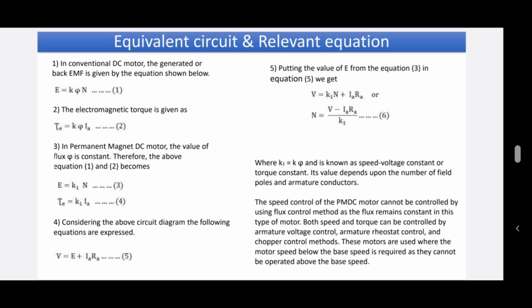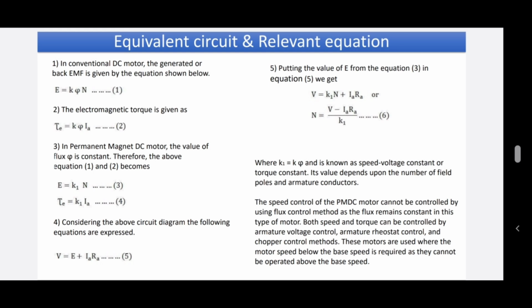In a permanent magnet DC motor, the value of flux is constant. Therefore, the above equations 1 and 2 become E equals K1N, equation number 3, T equals K1IA, equation number 4.